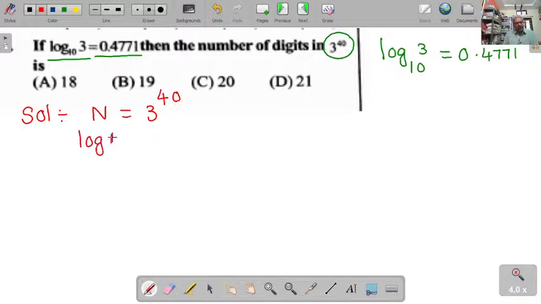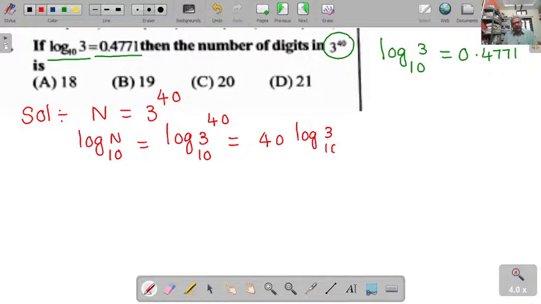We can write log n to the base 10 is equal to logarithm of 3 to the power of 40 to the base 10. Then using the power rule, 40 times log 3 to the base 10. The value has been given, so log 3 to the base 10 is replaced by 0.4771. So let us multiply.